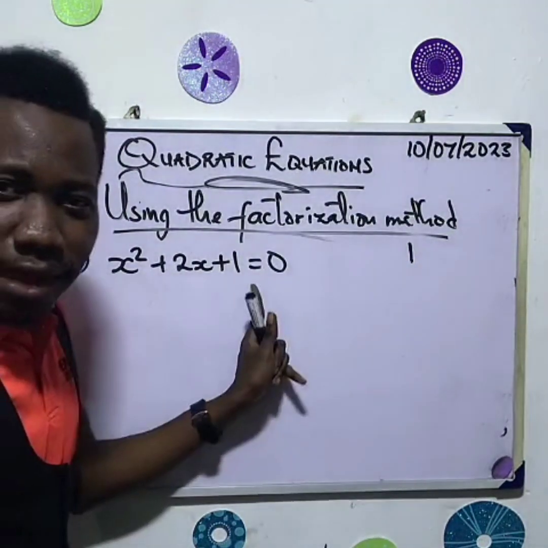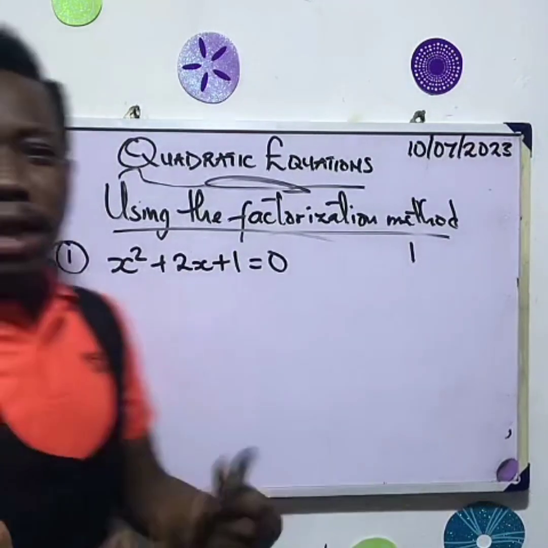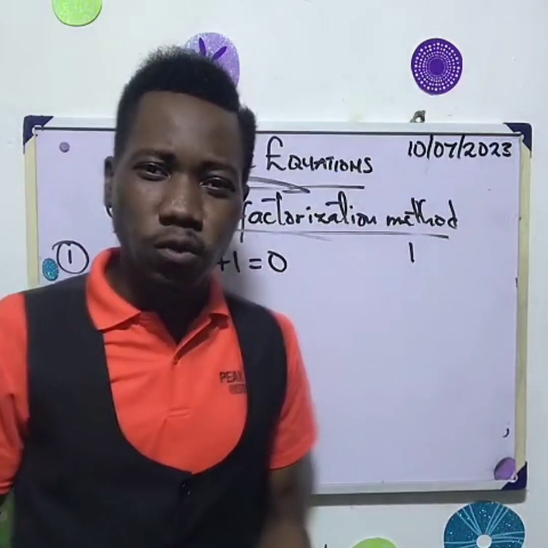So this is 1. 1 times plus 1 is 1, right? Now what is the second step? What's the next thing for you to do?